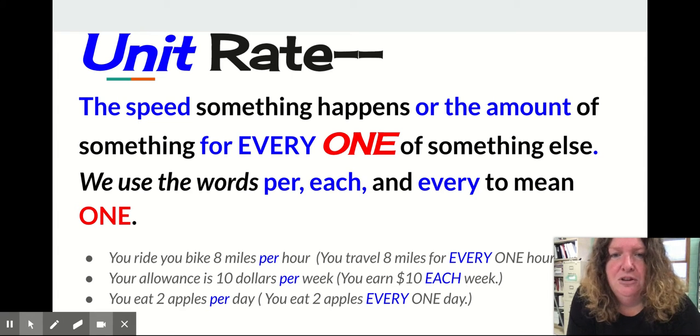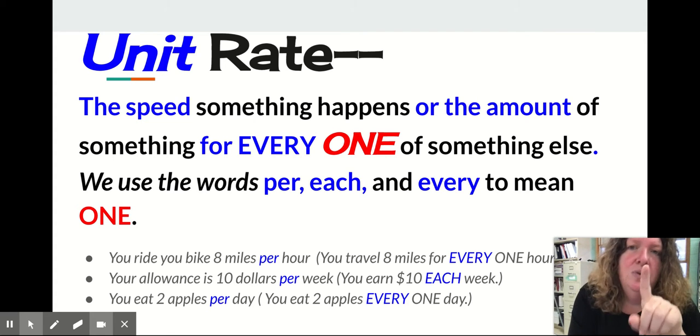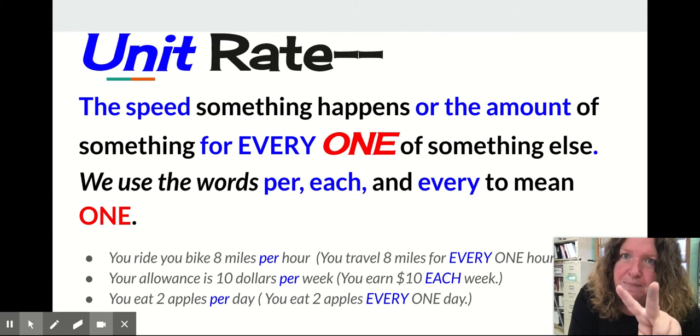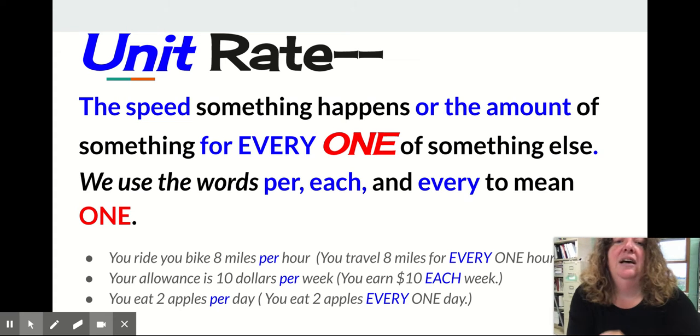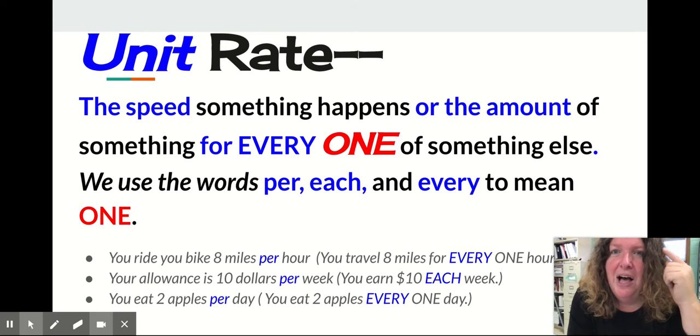Your allowance is $10 per week. That means you earn $10, an amount of something, for each 1 week. You eat 2 apples per day. That means you eat 2 of something for every 1 day. So when you hear that word per, there is an invisible word that comes after per.